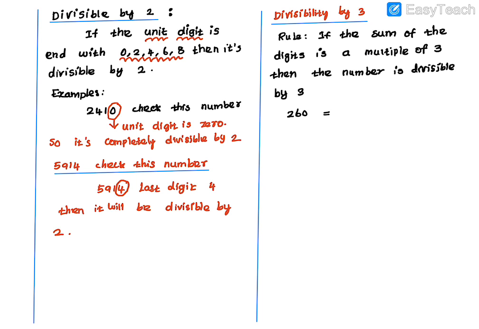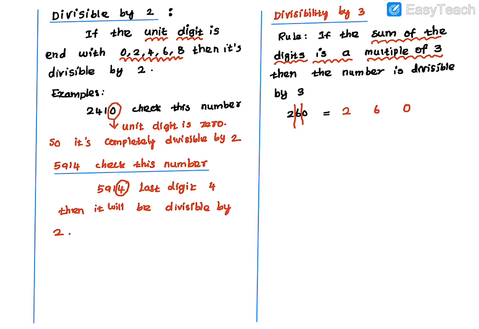If the sum of the digits is a multiple of 3, then it is completely divisible by 3. See, there are 3 digits: 2, 6 and 0.